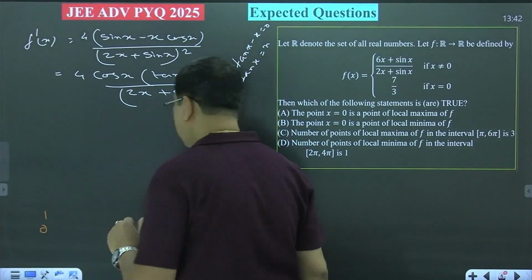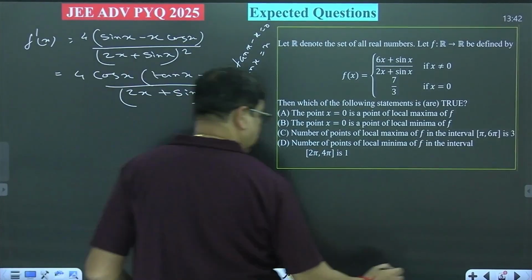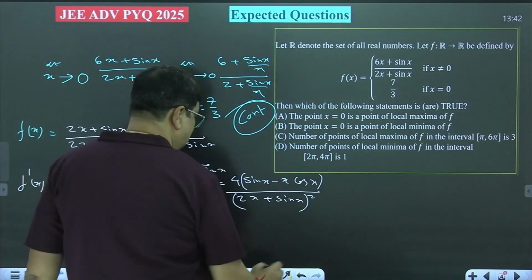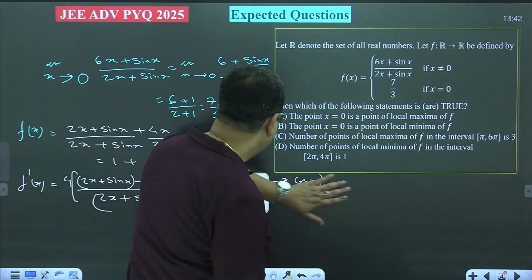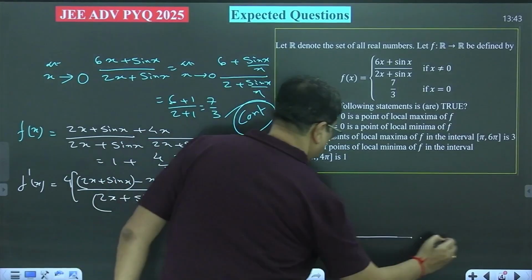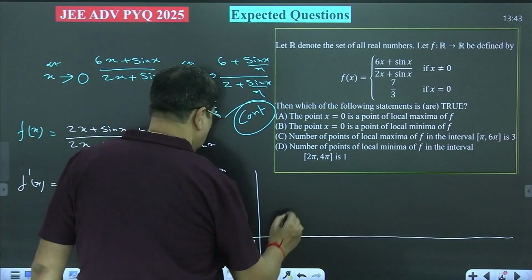For this, we have to draw the diagram of y equal to tan x. Now let's draw the diagram of tan x. If you are ready, I'll just wipe out this part. Suppose this is 0.